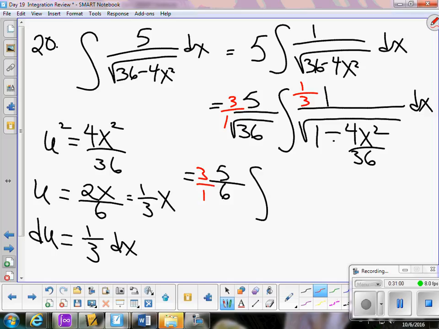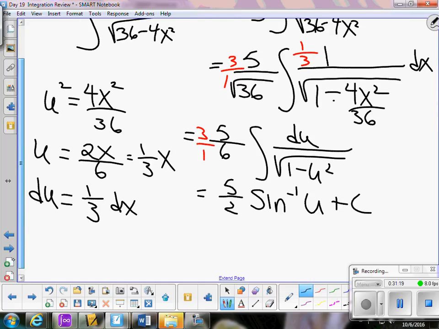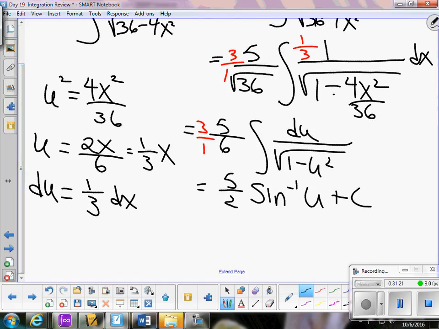So I already started writing that. So now it's du over the square root of 1 minus u squared, 5/2, which is that one? Inverse sine of u. And then we just got to put u in, not u squared. 5/2 times the inverse sine of x over 3, or 1/3 x.